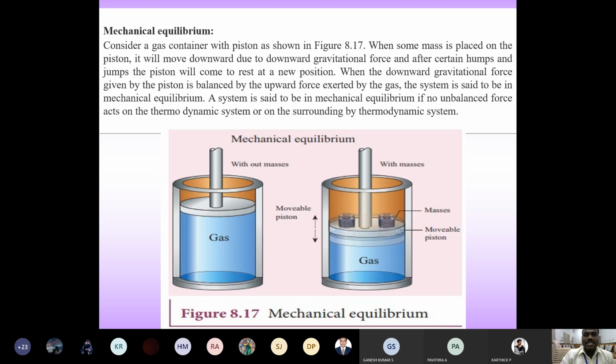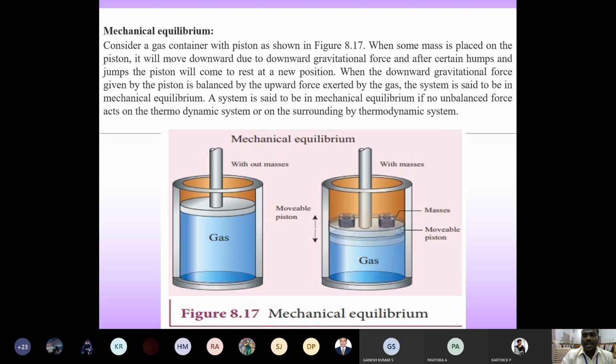When some mass is placed on the piston, it will move downward due to the downward gravitational force. For example, if we add a 5 kg mass on top of the piston, we get a downward motion because of gravitational force.